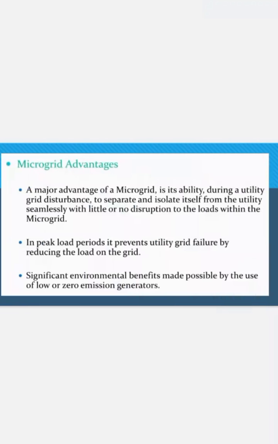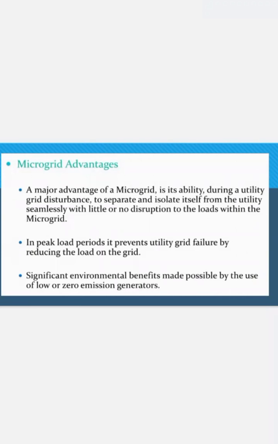Now, advantages of microgrid. The major advantage of microgrid is its ability, during a utility grid disturbance, to separate and isolate itself from the utility seamlessly with little or no disruption to the loads within the microgrid. In peak load periods, it prevents utility grid failure by reducing the load on the grid.